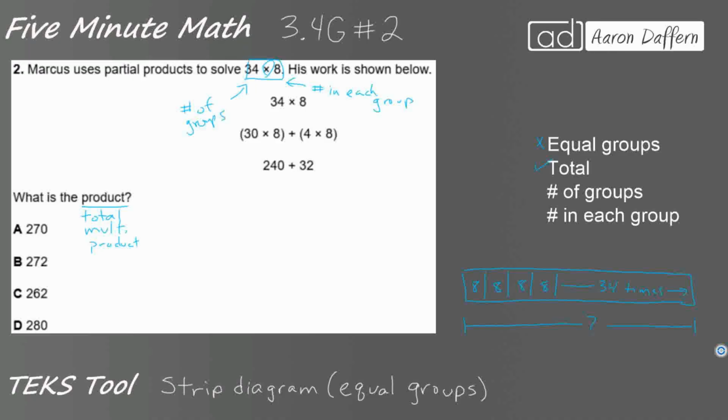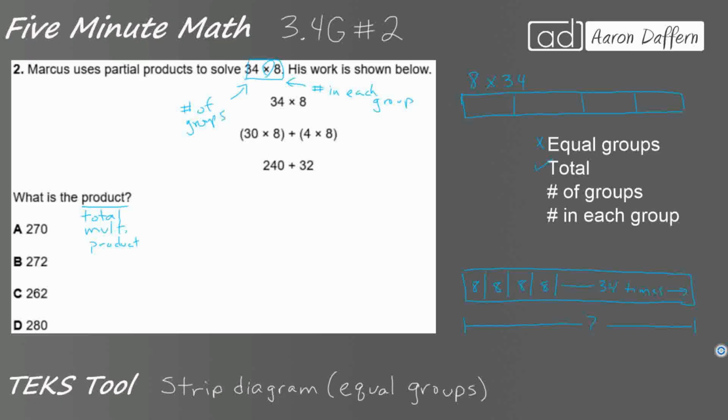That's 34 times 8. Another way to do this would be the commutative property. It lets us flip the order and not change the product. So we could flip this to where it's 8 times 34. Now I've got 8 groups of 34, and so this is also equivalent. And so I could show it like this. 8 groups are a lot easier than 34 groups. So you cut it in half.